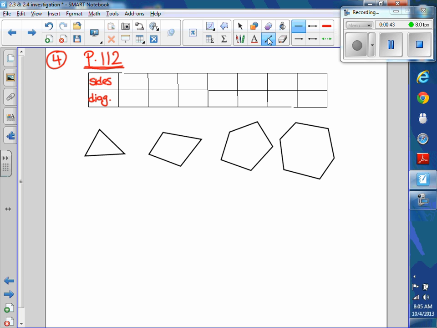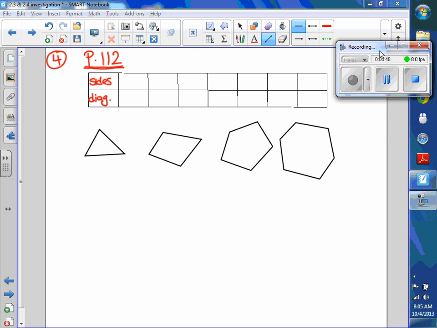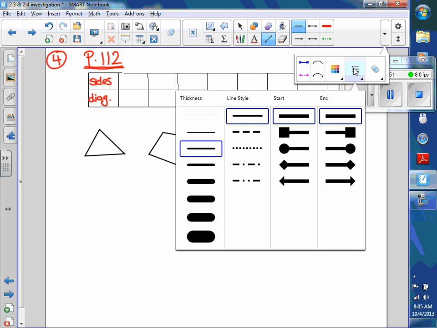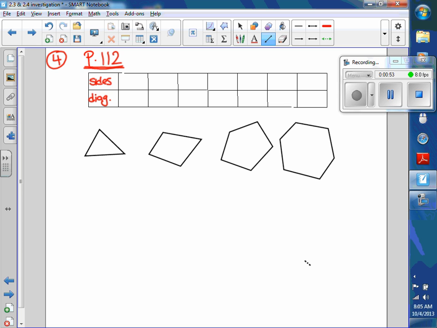And then your diagonals would be like, let's put those in there. No diagonals here, 2 here, and then 5 here, and then here you've got diagonals, so you could go to each vertex and connect, and you can kind of see the symmetry.